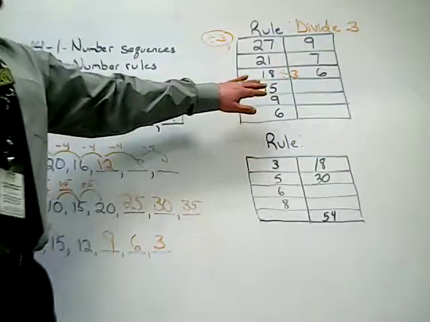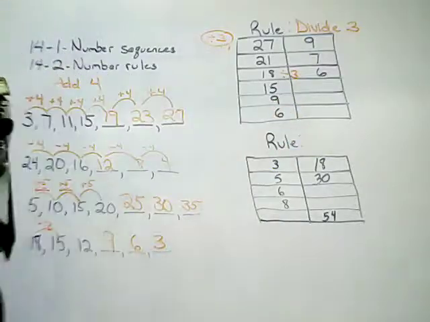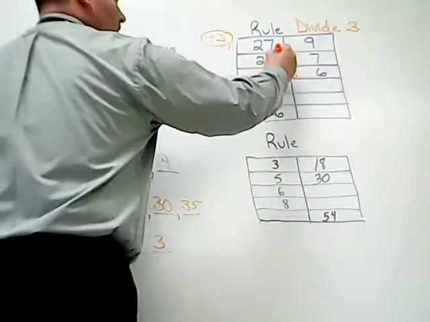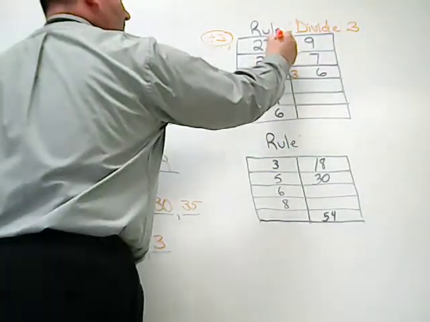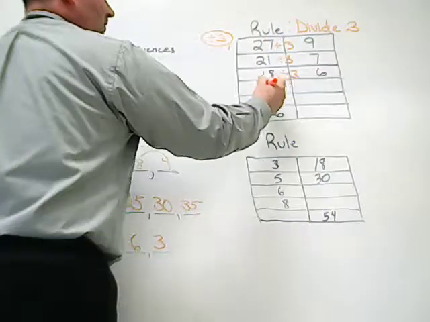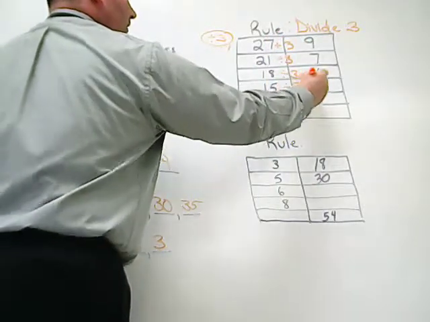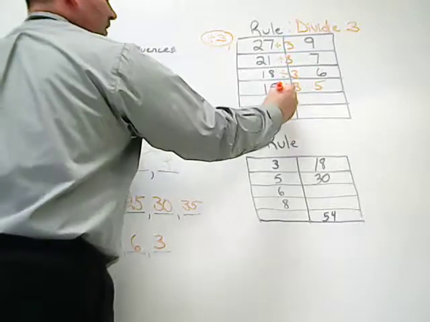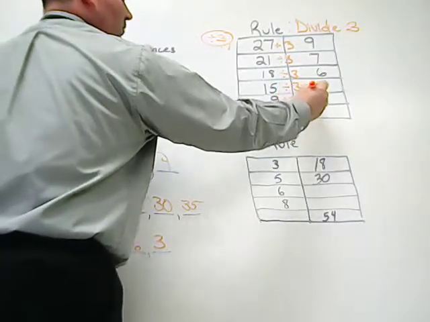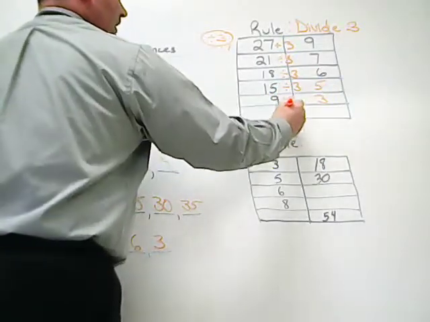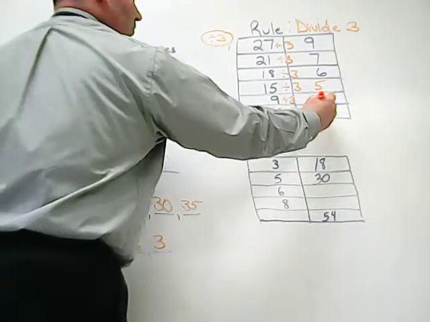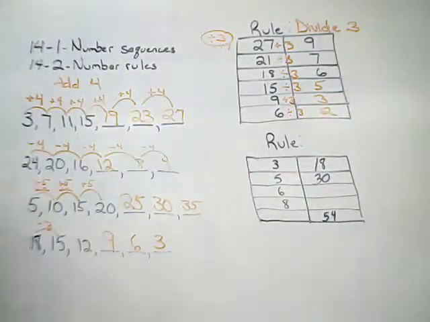And I need to fill in the remaining missing numbers. I'm going to use the same rule I used the whole time. 15 divided by 3 equals 5. 9 divided by 3 will give me a quotient of 3. And 6 divided by 3 will give me a quotient of 2.